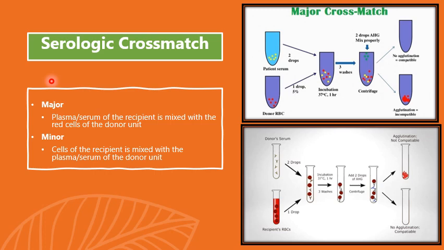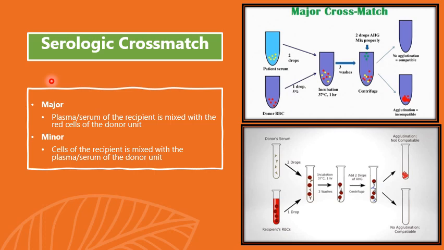Serologic cross-match is a cross-matching technique where you will mix the recipient and donor sample to detect ABO or ABO group antibody incompatibility. So there are two types of cross-matching, the major and minor cross-matching.